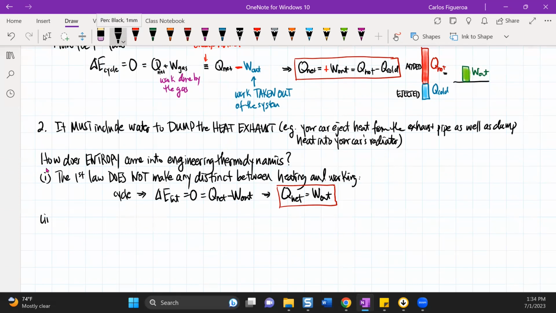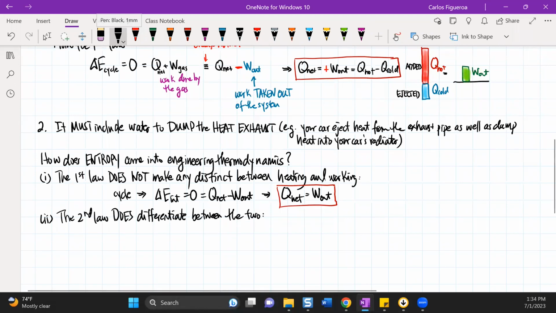However, the second law does differentiate between the two. And so here is where we start to really get into the details.